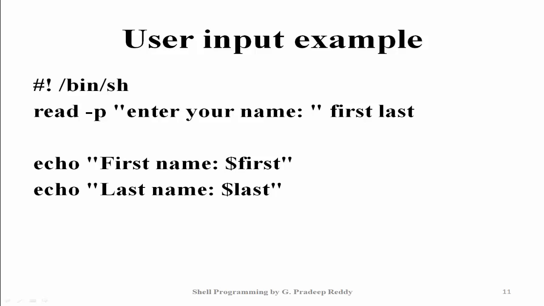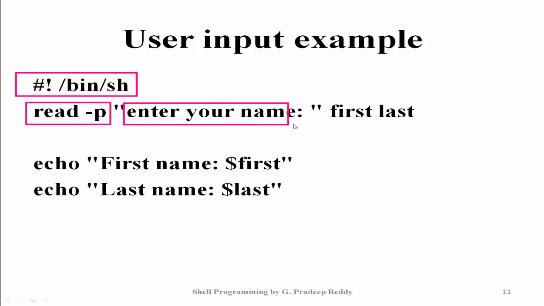Here you have an example. I have already told you this particular line is the shebang, and now here you enter read -p. It is going to read something on your prompt, so that whatever text you type on your terminal.